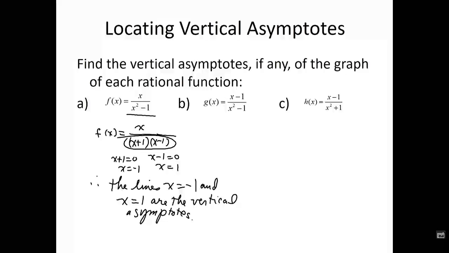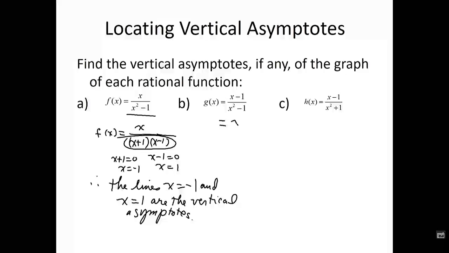In the next example, example B, we have the rational function g of x is equal to x minus 1 divided by x squared minus 1. It's very important to make sure that your rational function is in its simplest form.